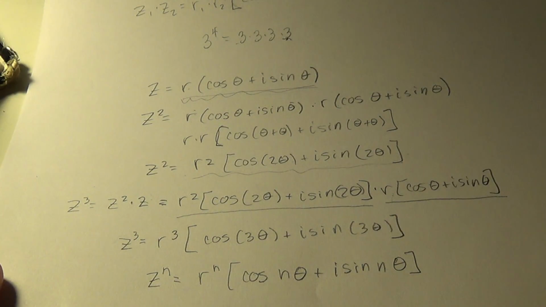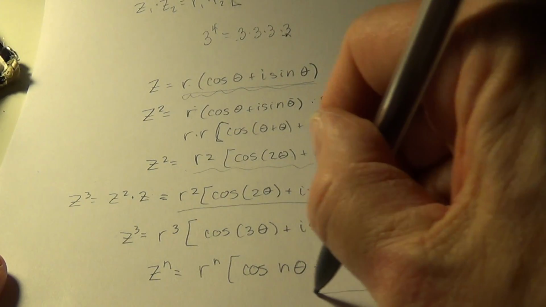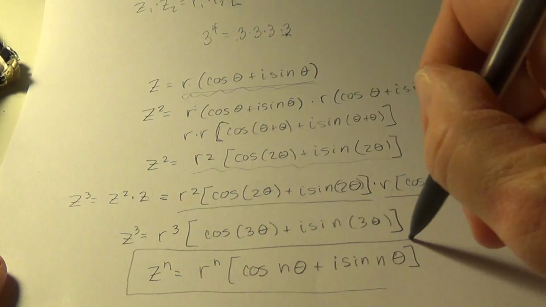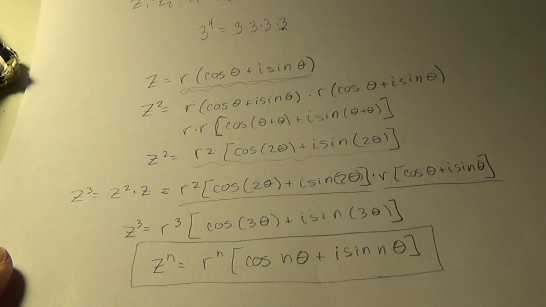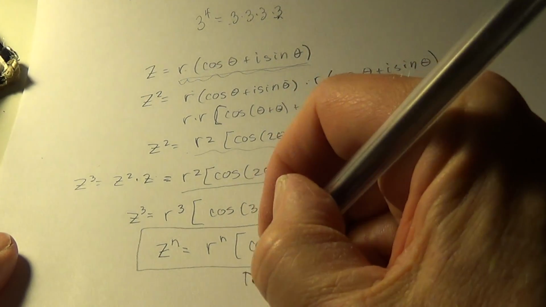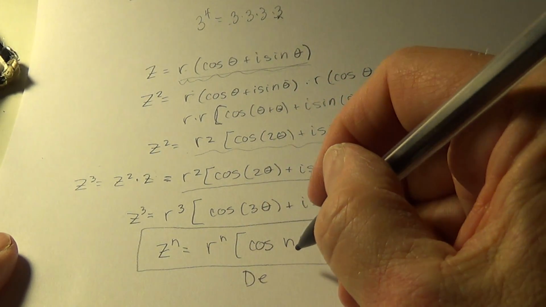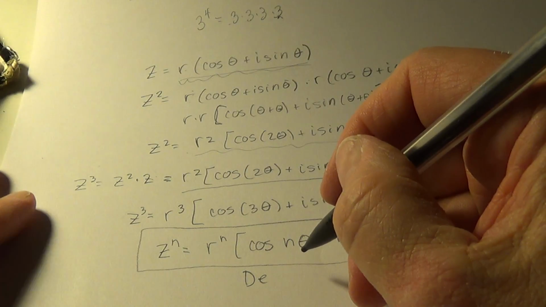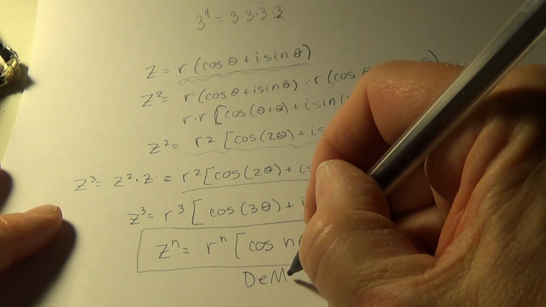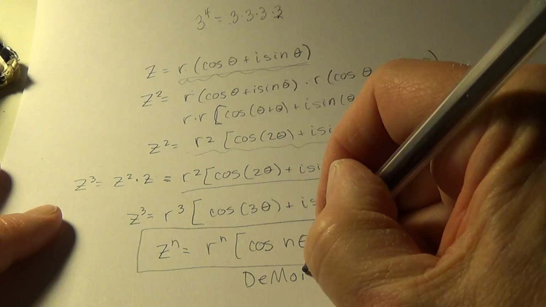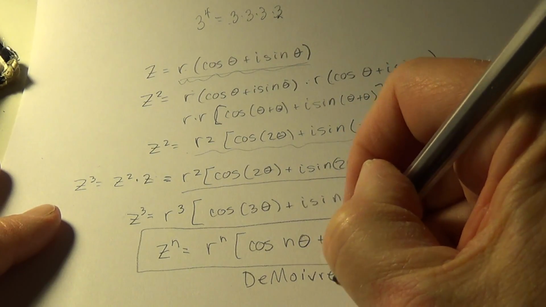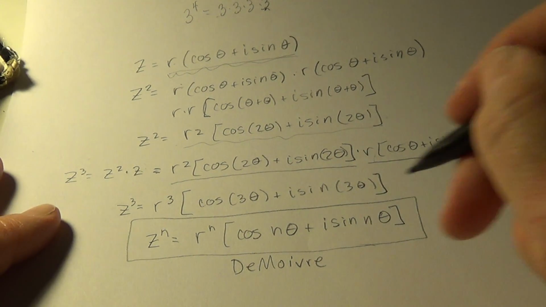And this right here was so important that it was given the name of its discoverer, and it's called De Moivre's Theorem. De Moivre is spelled D-E-M-O-I-V-R-E. De Moivre's Theorem.